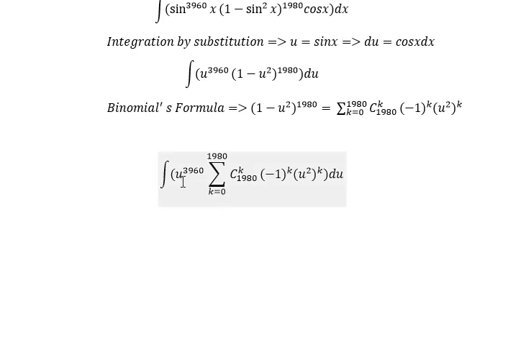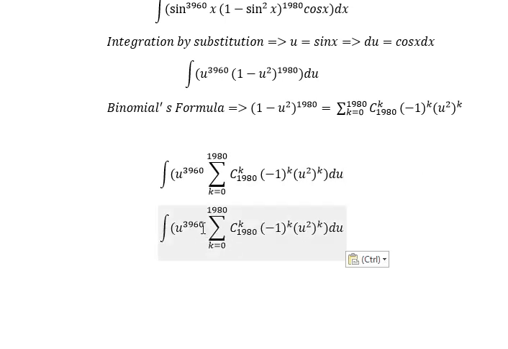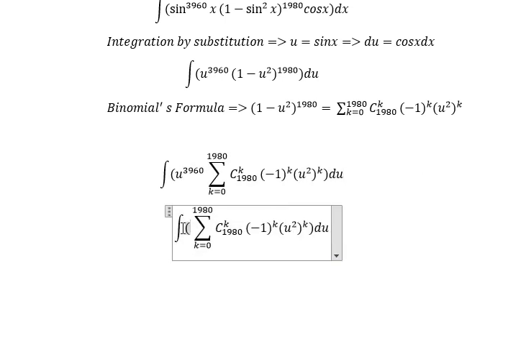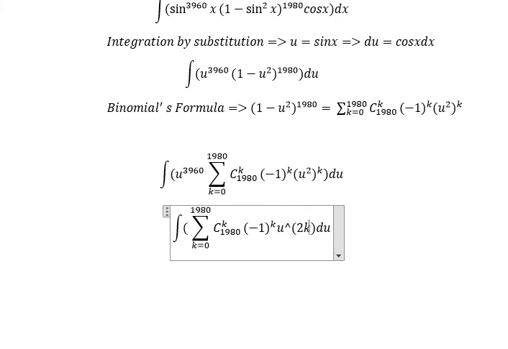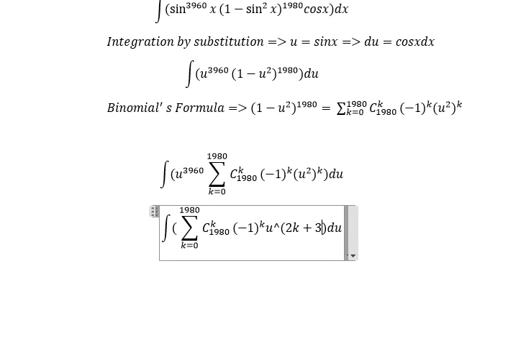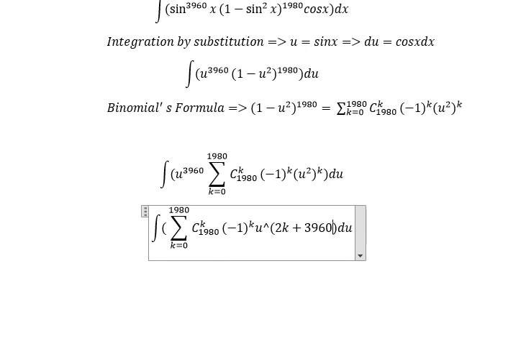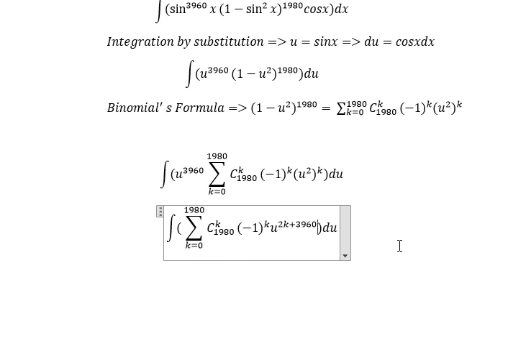Because we have u to the power of 3960 and we have u to the power of 2 everything power k, we can simplify this one. So we just simplify for the u.